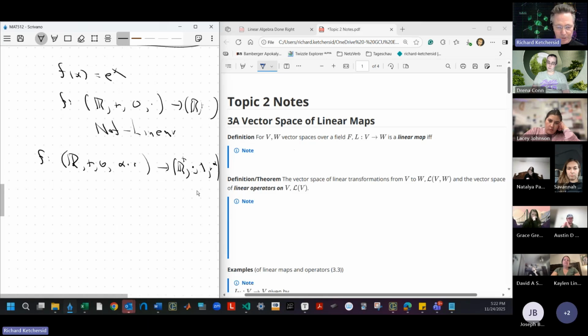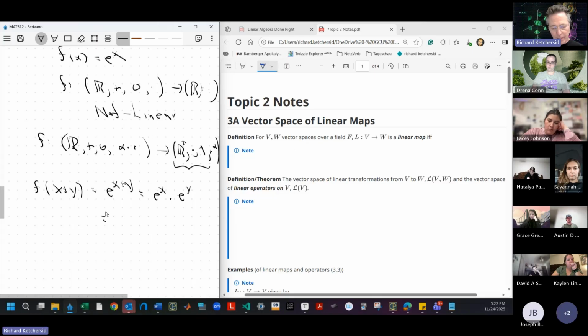So this is this new vector space we just looked at. Now, is it linear? Is it the case that f of x plus y, well, what is that? That is e to the x plus y, but that is e to the x times e to the y.